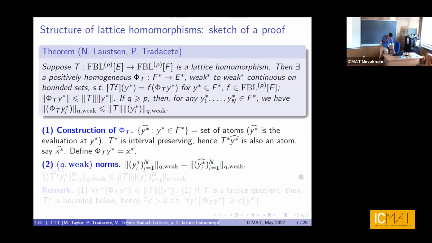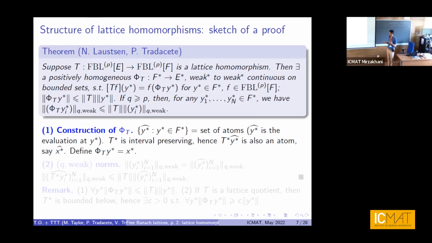And then you have to show that it has the desired properties, such as positive homogeneity and weak star continuity. But this is fairly straightforward.